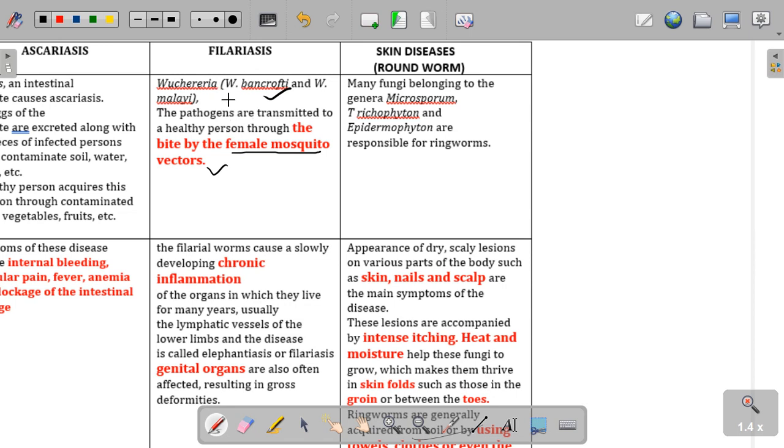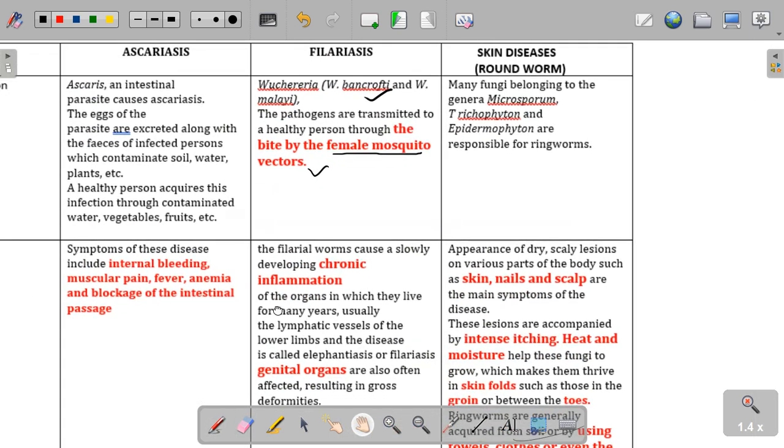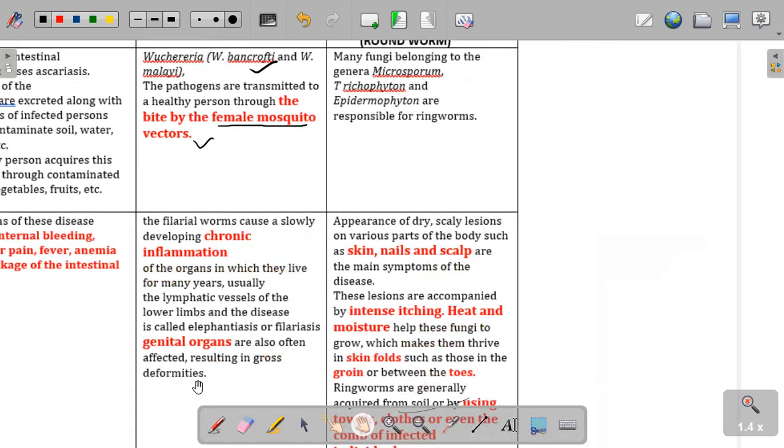What happens if a person acquires this pathogen? Symptoms: the filarial worms cause a slowly developing chronic inflammation. Inflammation means swelling. So it will swell the organs in which they live, and it will stay for many years. Especially the target tissue or organ is the lymphatic vessels, especially of the lower limbs, especially between the legs.